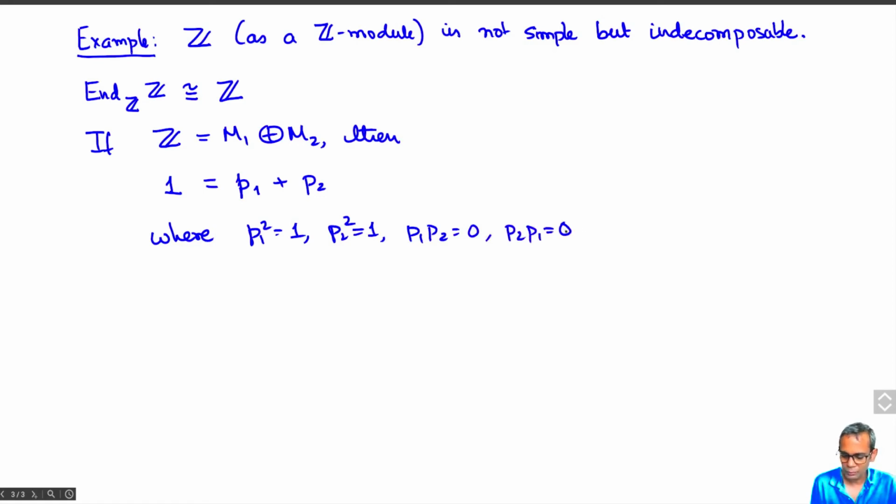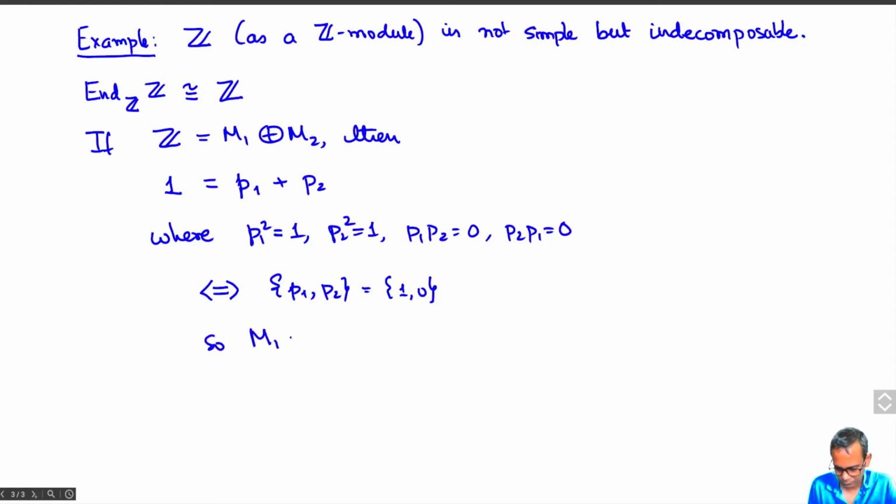Of course, this follows because Z here is a commutative ring. But these equations only mean that one of P1, P2 is 1 and the other is 0. So the set {P1, P2} is equal to the set {1, 0}, which means that either M1 is 0 or M2 is 0.